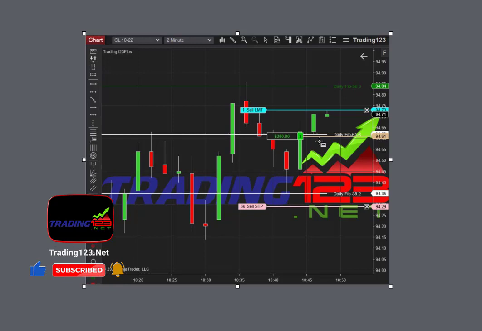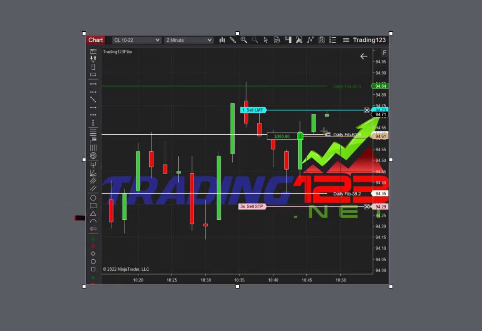So here we caught it long just as the price broke above the fib, and we're just looking to ride this up to the fib level, or we raise our stop to break even once our first target's hit. So not a big profit on that one, but a couple $100 as it stalled out right in this area here.